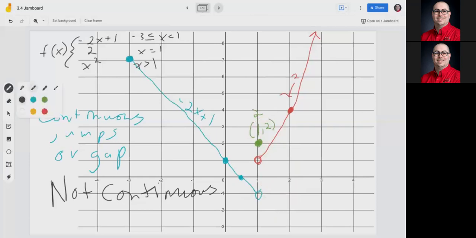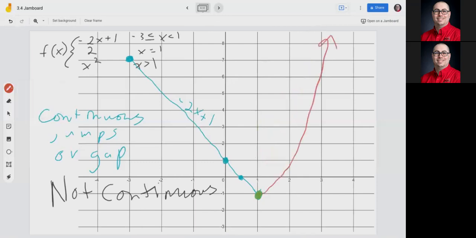So just as a hypothetical, if this function was defined so where x is 1, y is -1, so that point was right there, and the red part was defined a little bit differently, so it was a quadratic that began at this point and then went off on its way and did what it does, this would be continuous because the handoff is happening with continuity.